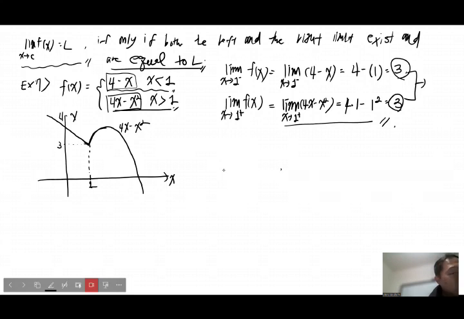And next, we can actually find out the definition of calculus based on the concept of the limit.